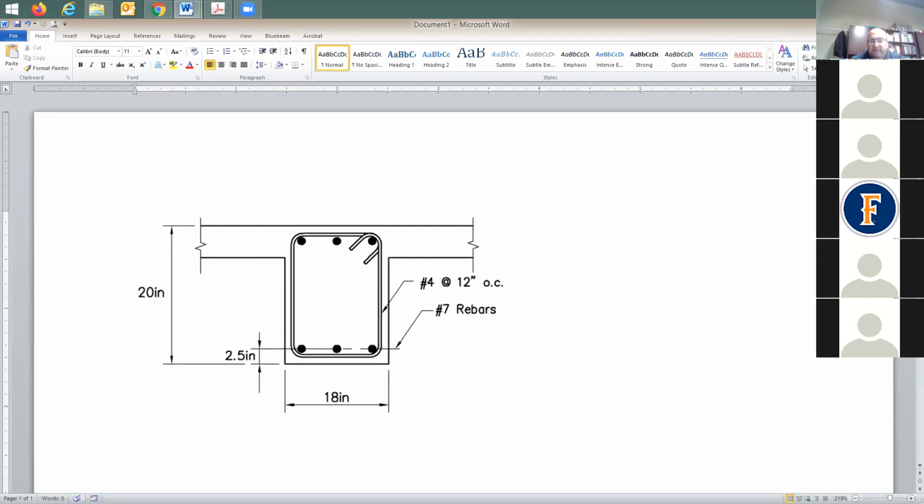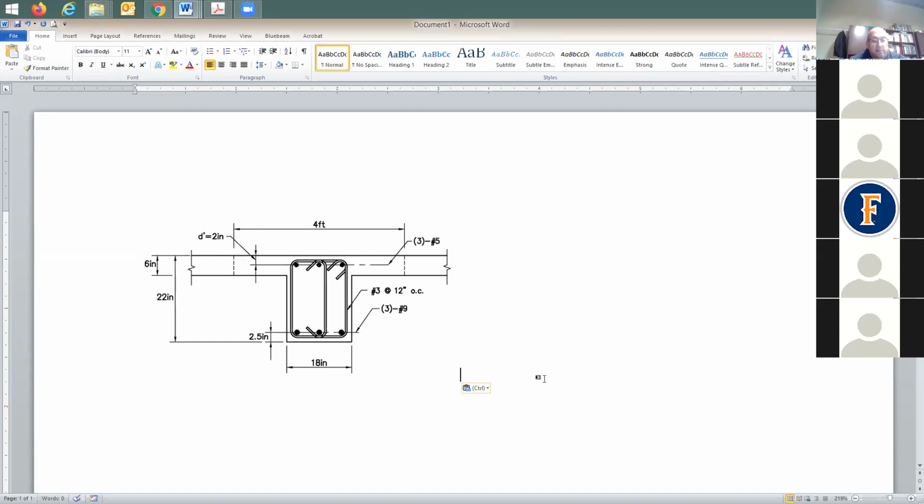You remember the flange width? This is what you have done in midterm 1. Here's the one from midterm 1. This is the one that you guys have taken.